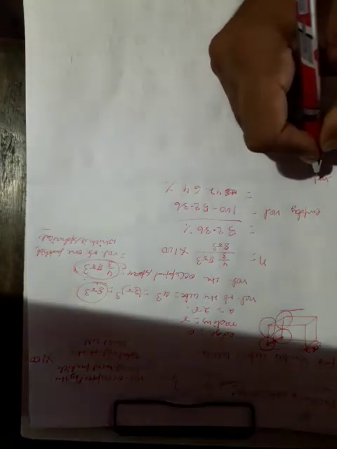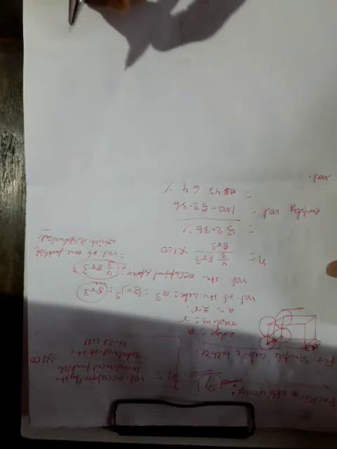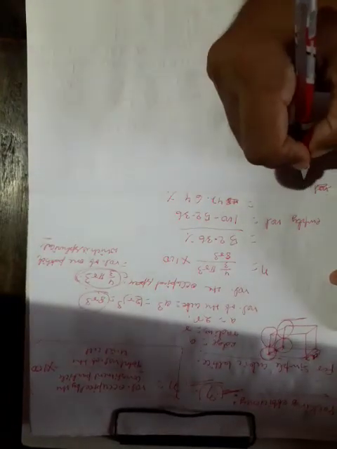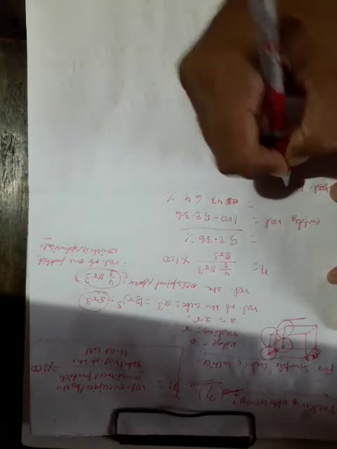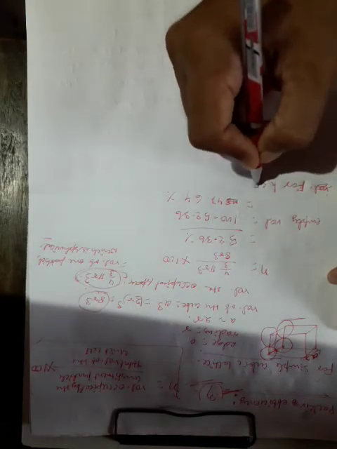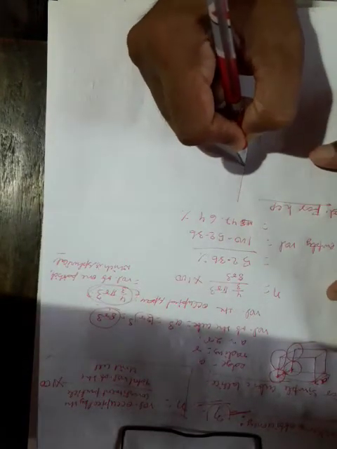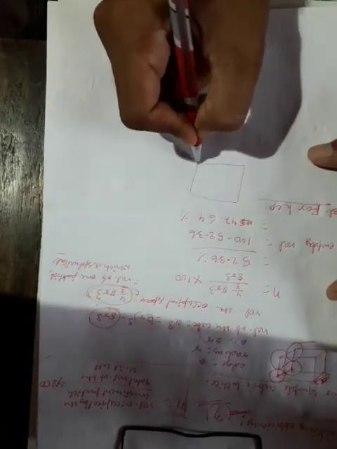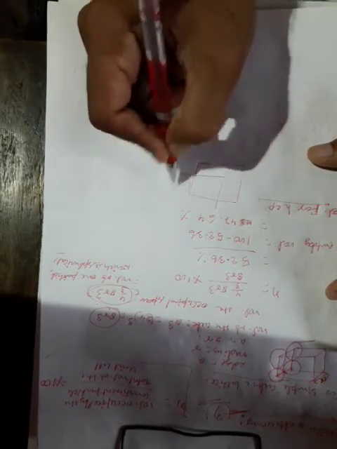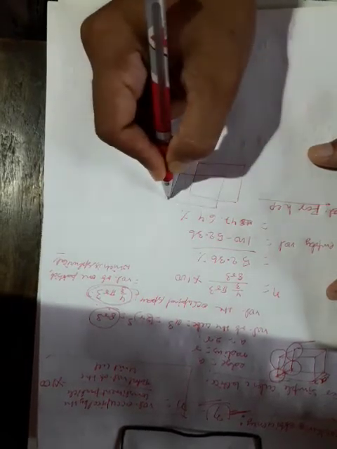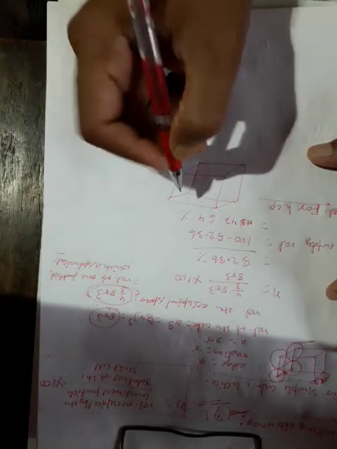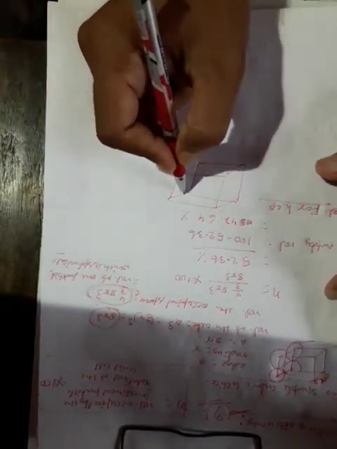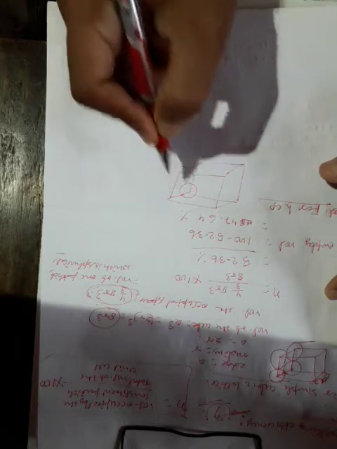Now we want to calculate packing efficiency for HCP. In HCP, constituent particles are located at each corner of the unit cell, as well as the center of the face.